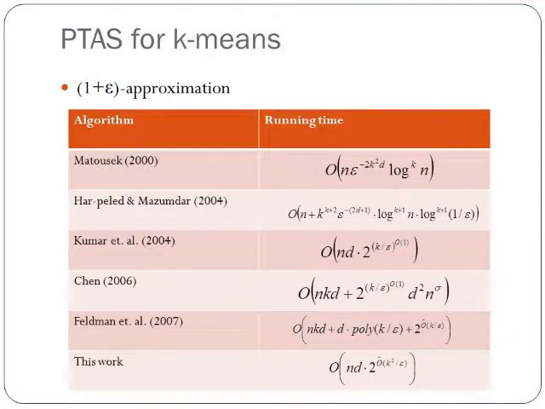Now, there is a lot of work on finding a 1 plus epsilon approximation for the k-means problem, and this list gives you a brief picture of what has gone on in the literature. I should comment that the algorithm, let me not yet call it a PTAS, the 1 plus epsilon approximation algorithm that we gave in this work is actually not the best when you look at this particular list.